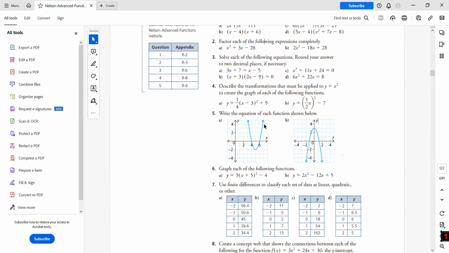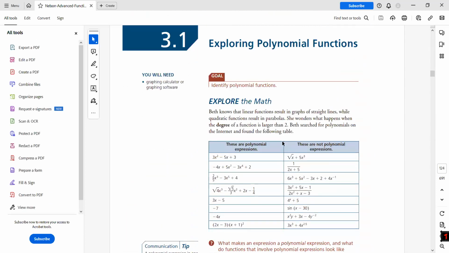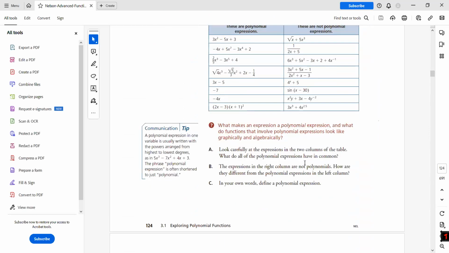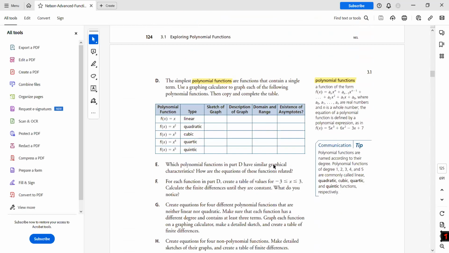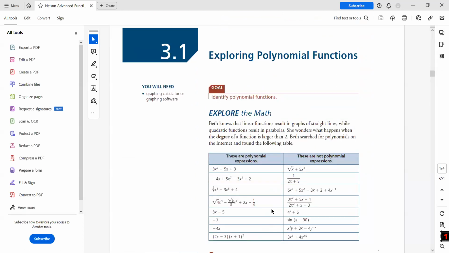But what we have to learn in today's class is how polynomial functions are characterized. How can one polynomial expression differ from another one? Because there is such a thing as characteristics of polynomial functions.